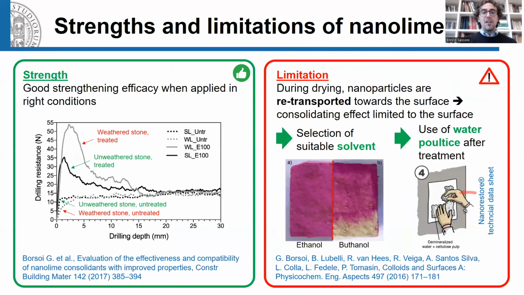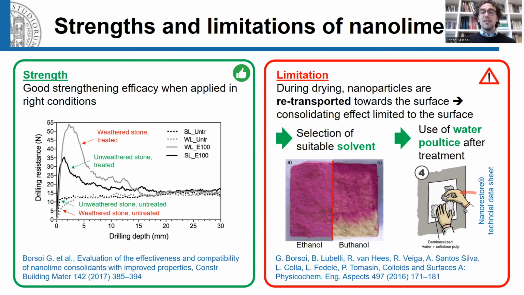Studies have shown that nanolimes are able to significantly improve several types of substrates. However, a known limitation is that the nanoparticles tend to be retransported towards the treated surface during drying. So there's a risk of accumulation of the consolidants near the treated surface.